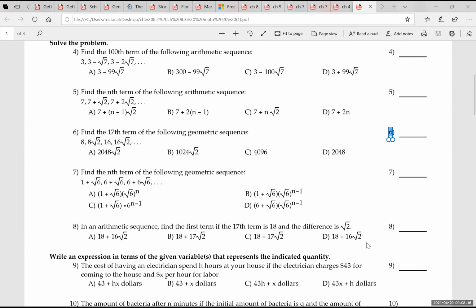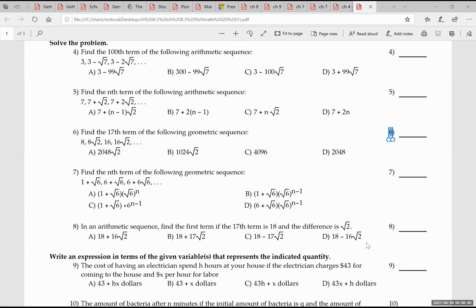They're saying find the 17th term of the following geometric sequence. All right, here they're saying it's a geometric sequence. So geometric sequence has a formula. Arithmetic sequence has a formula. Geometric sequence has a formula. So I'm going to show you what that formula is.